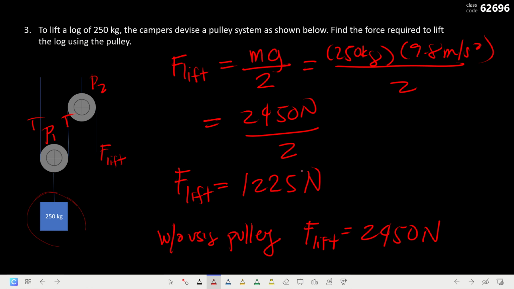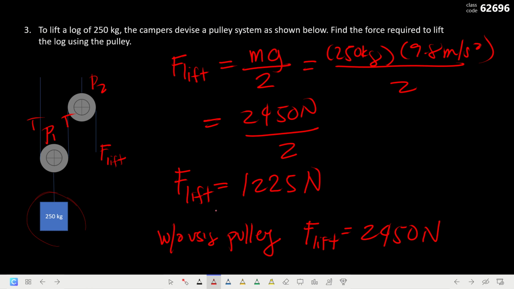But when we used a pulley system, this simple machine decreased the amount of force required to lift or to accelerate this 250 kilogram body. Therefore, the use of a pulley is helpful or advantageous in decreasing the amount of force required, especially when we are lifting heavy objects.